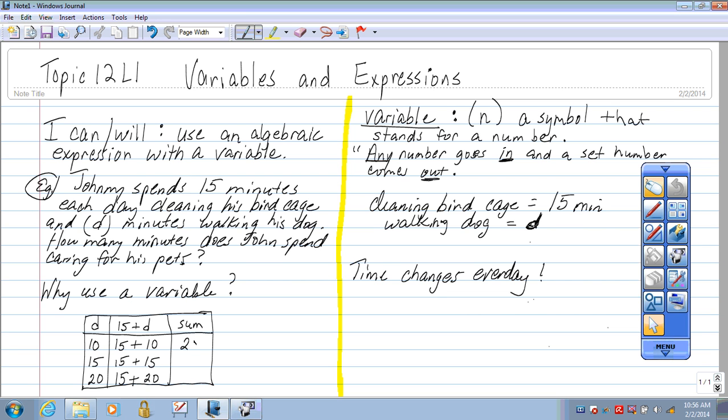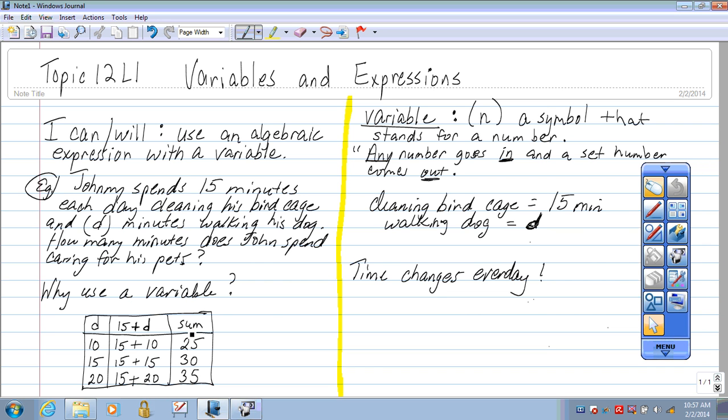So the total time it takes for him to walk his dog and clean his bird cage, which is taking care of his pets. These are the sums for each day. We had to have a variable because the amount of time he walked his dog changes. We had to have an operation here, so we could put those two together to make an expression. We don't have an equal sign because it changes whenever D changes.